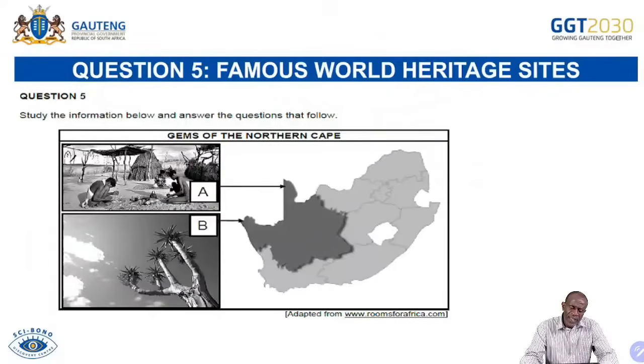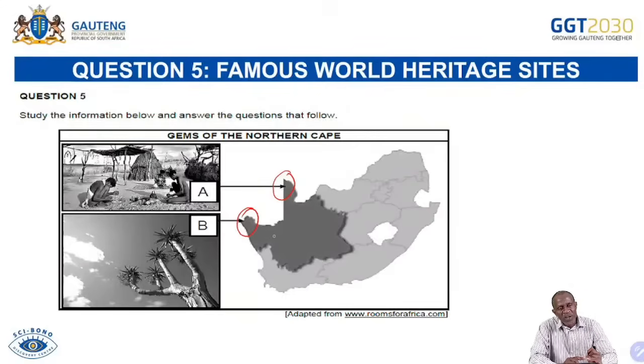Question 5, examples of questions. As you can see here, it portrays pictures of certain attractions, and all these attractions, from your map, you will deduce are from the Northern Cape, that is the province in which they are located.